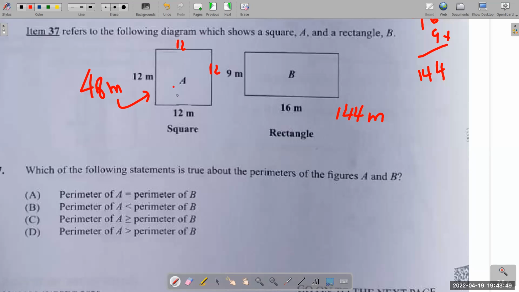Anybody realize that the area of A is equal to the perimeter of B? Because the area would have been 12 times 12, and 12 times 12 is 144. All right, but in this case, it's just a simple B.